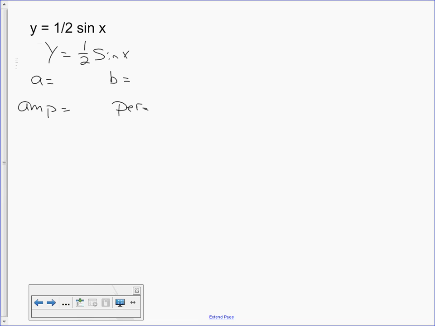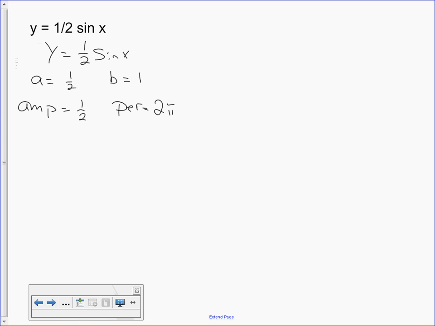What's your A value now? 1/2. What's your B value? What's your amplitude? 1/2. What's your period? 3 pi. Very good.